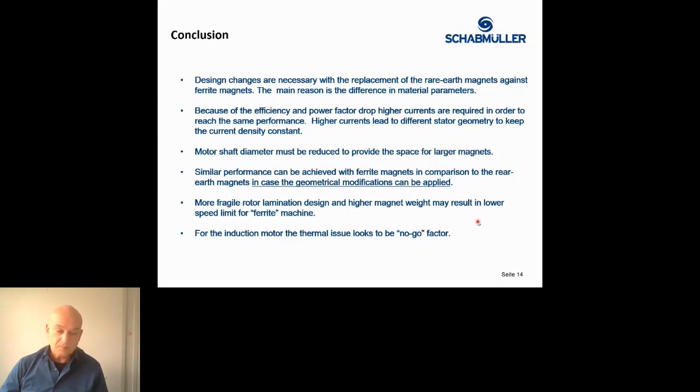It may happen that the maximum speed you can reach with your motor has to go down because of the centrifugal forces and the mechanical structure of the new rotor. For the induction motor, the thermal issues look to be the no-go factor for superseding the rare earth magnet PM machine.